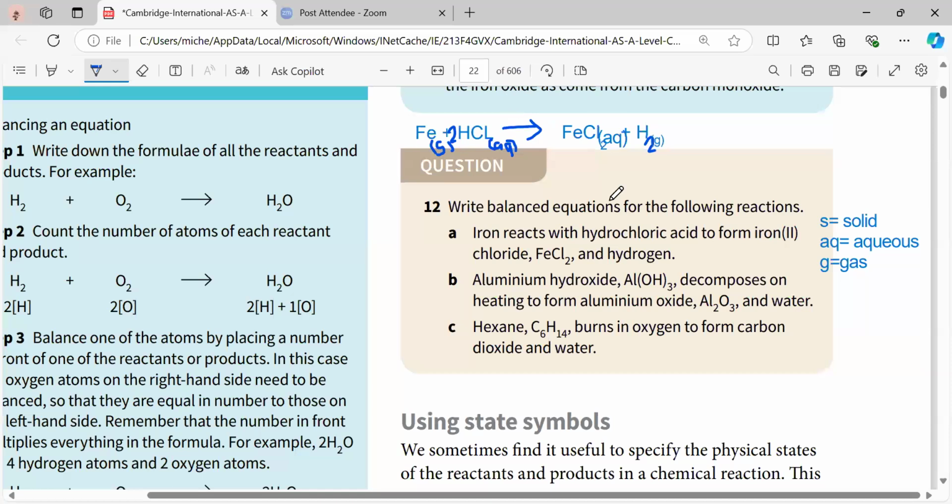So this is basically the end result. This is the balanced equation for question number 12A. Do you have any questions so far? Okay, if not, I'm going to move on to the next question.